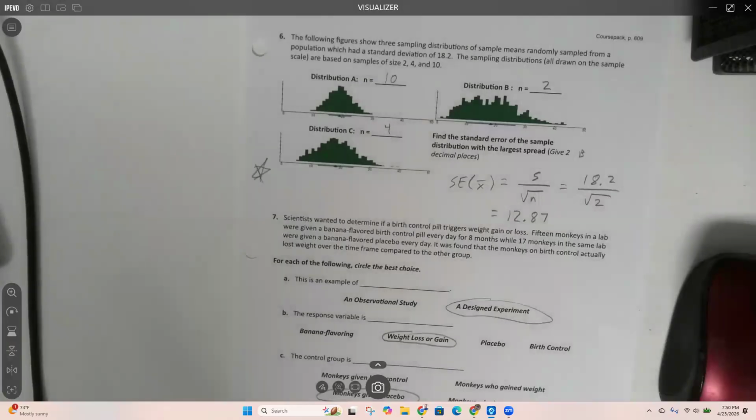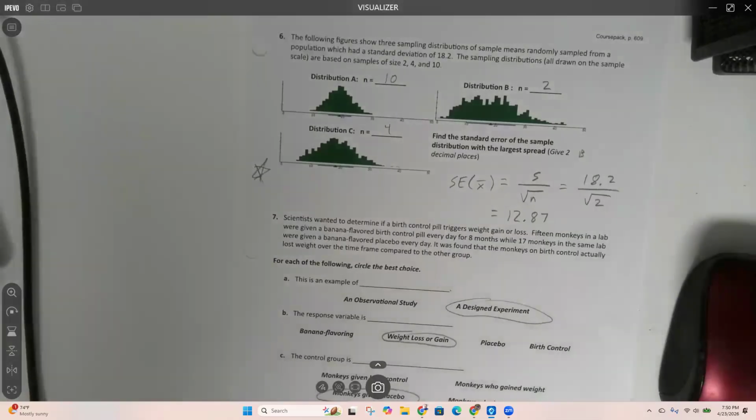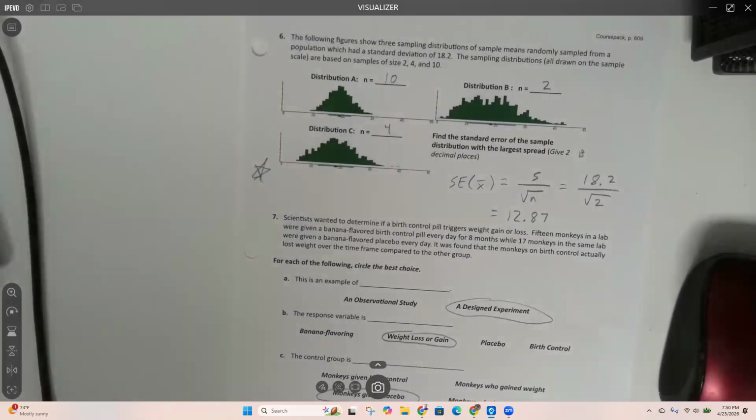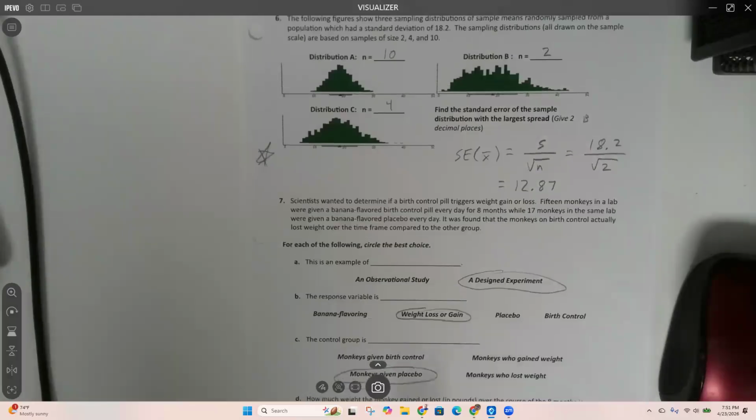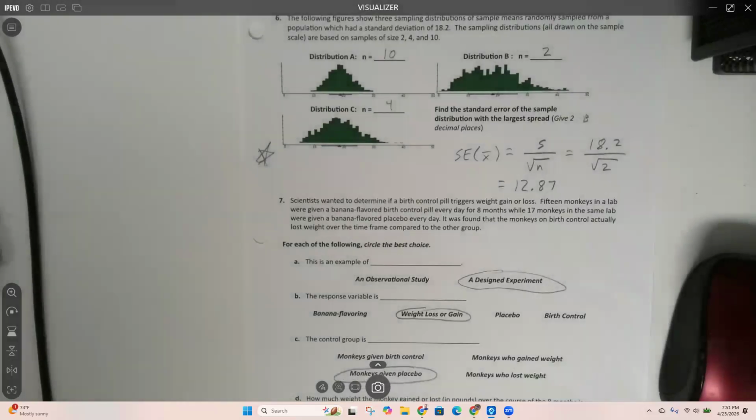Maybe I had to move these monkeys from a different facility to do this experiment, and they are stressed out because of that move, so they might lose weight because of that. Or maybe something happened with their food or water. But if I have a control group that lost weight, and the birth control group lost more weight, then I can say, when I compare these two numbers, this one's down way, way more.